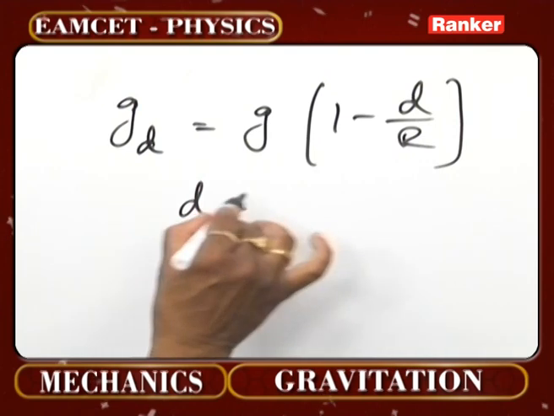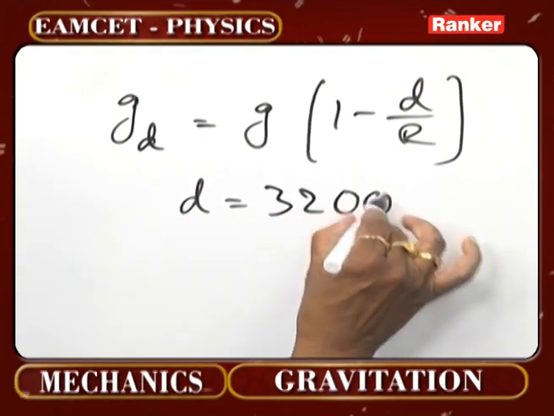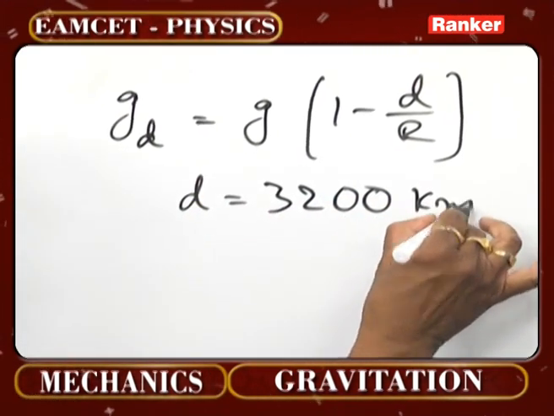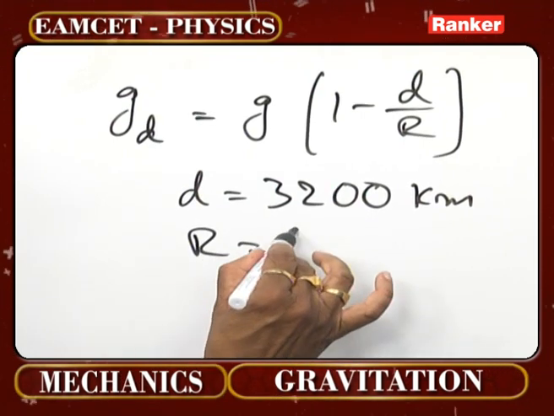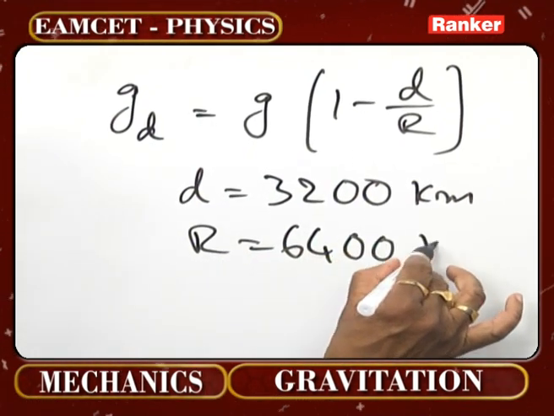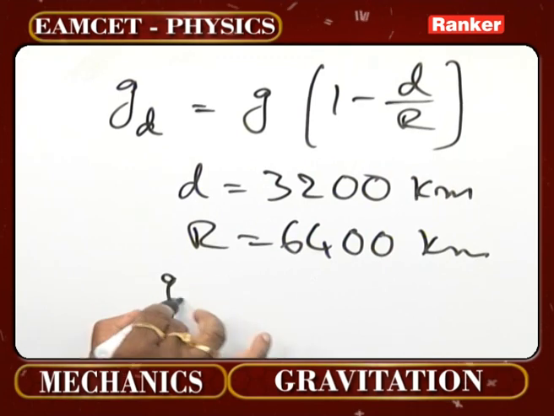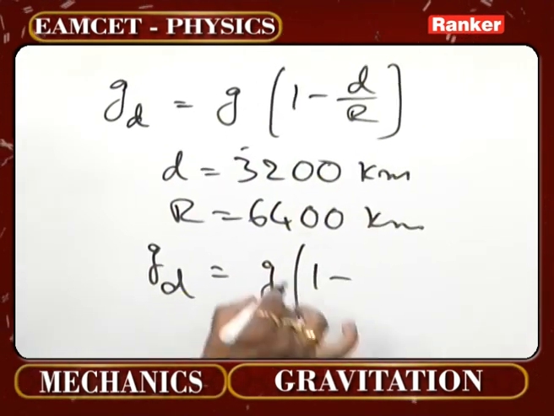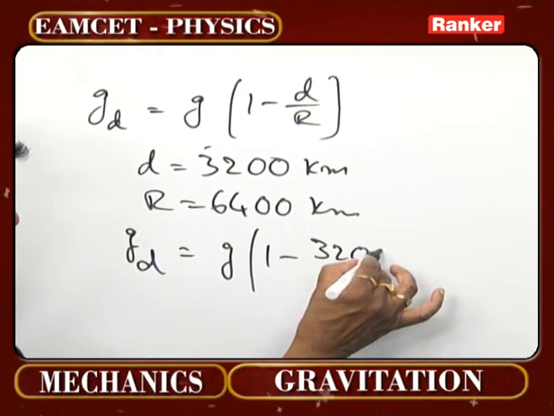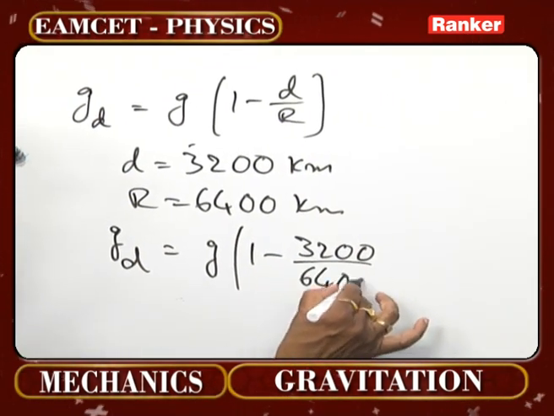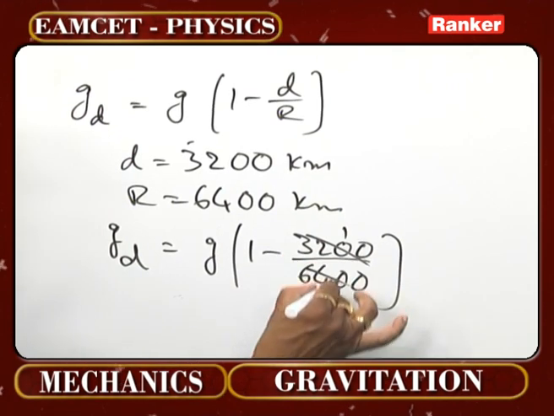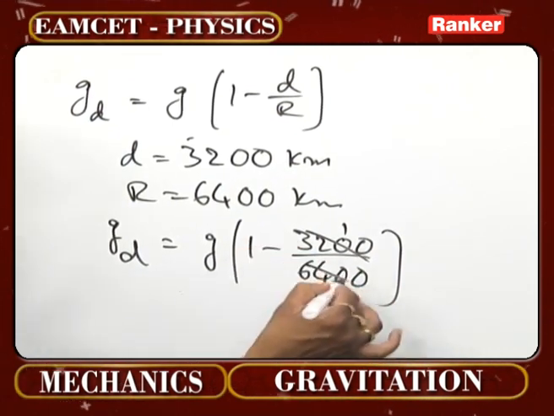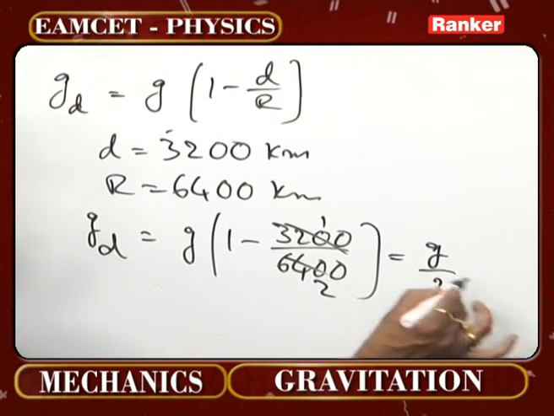The depth d given is 3200 kilometer, and the radius of earth given is 6400 kilometer, which we already know. Therefore, g at this depth is equal to g into (1 minus 3200 by 6400), which goes twice here. Therefore, 1 minus 1 by 2 becomes g by 2.